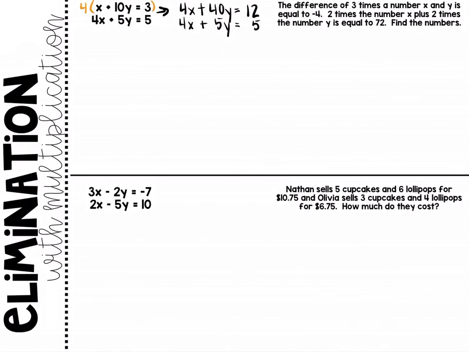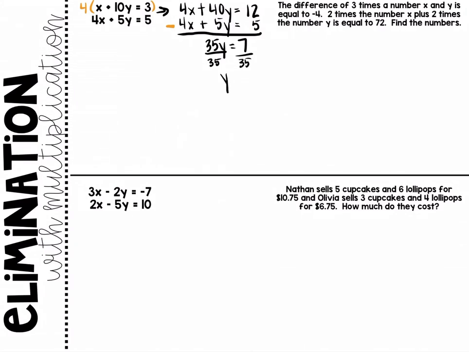So now I'm going to use elimination. They're the same sign, so I'm going to subtract. So 4x minus 4x is 0, and 40y minus 5y is 35y equals 12 minus 5, which is 7. So then I'm going to divide by 35.